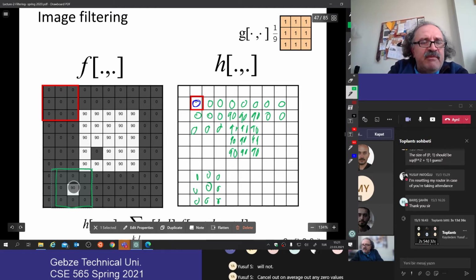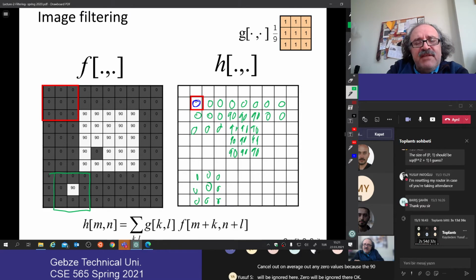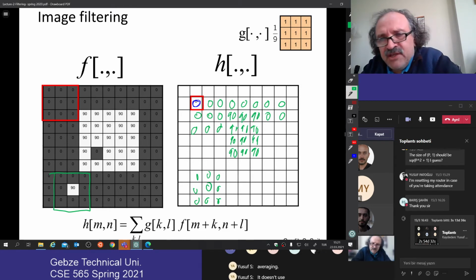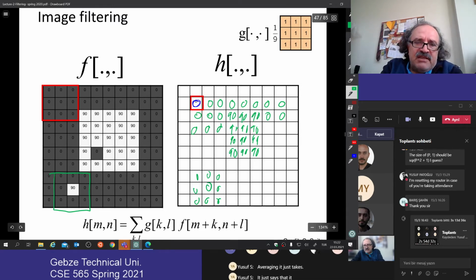That 90 will be ignored here, 0 will be ignored there. Okay, so median filtering is very interesting because it doesn't use averaging, it doesn't use Gaussian averaging or the box filter averaging. It just says that this is an outlier, this is an outlier.